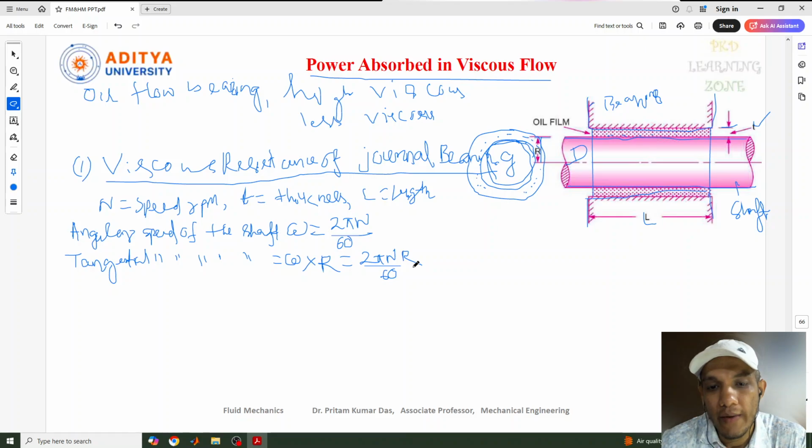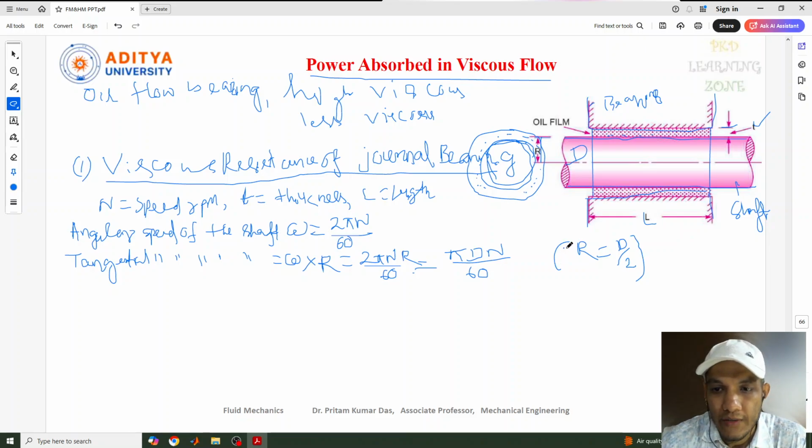We can also write r as d by 2, diameter by 2, so this becomes pi d N by 60. Tangential speed is completed.